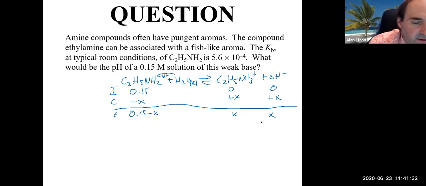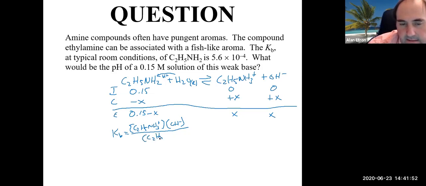This is going to go into our Kb. So our Kb, again, is going to be our products divided by our reactant, and that's going to equal 5.6 times 10 to the minus 4 in this case.